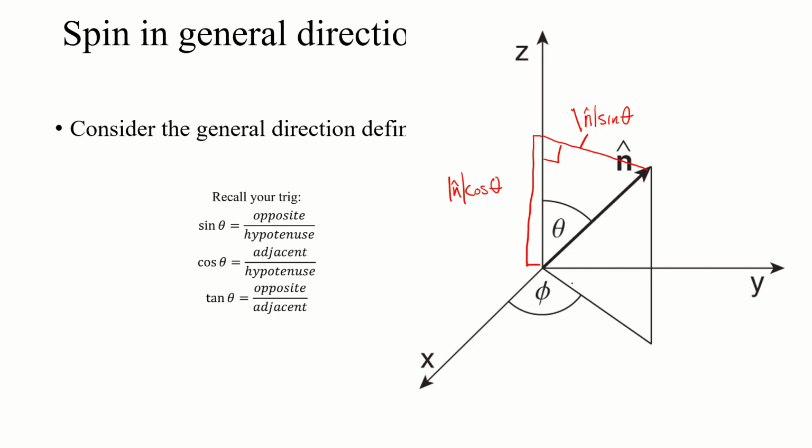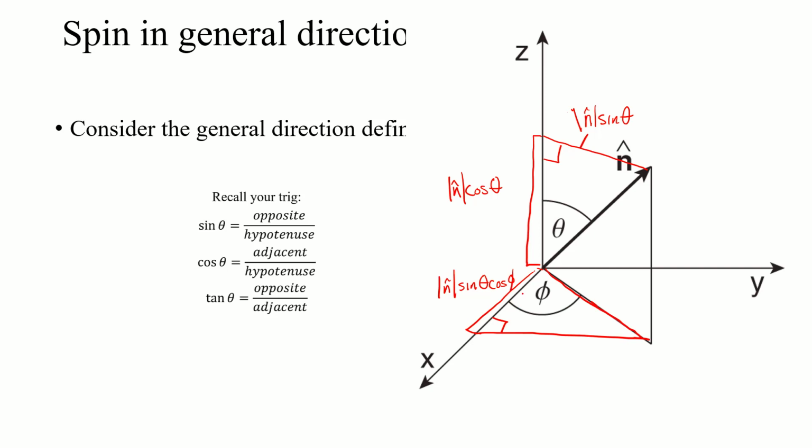Knowing that that's the length of this side of the right-angled triangle, we can then look at the x component. We have this right-angled triangle where the hypotenuse is n hat sine theta. So the x component of that n hat vector is the magnitude of the n hat vector, sine of theta, which is the hypotenuse of this triangle, times cosine phi.